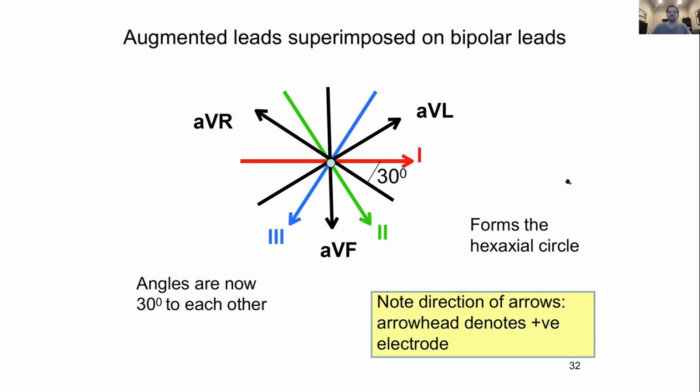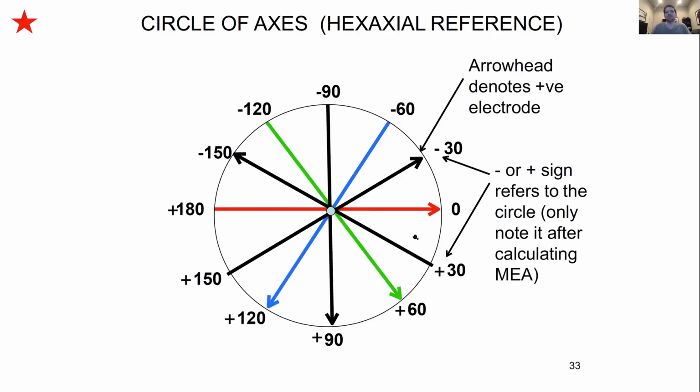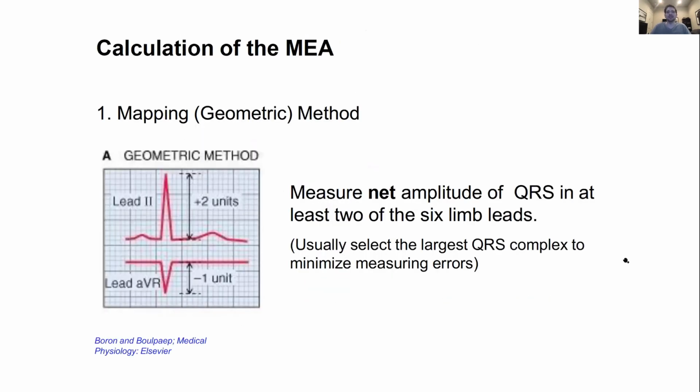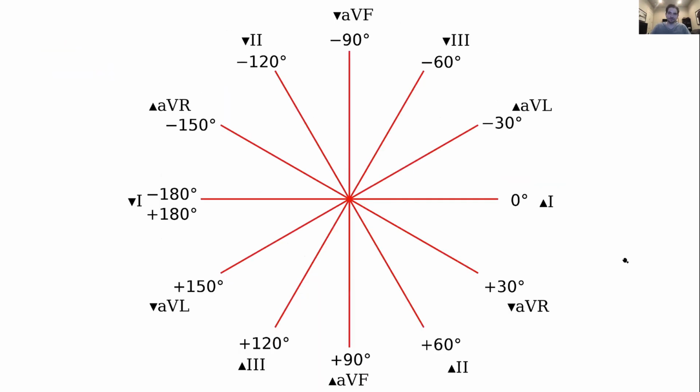Ideally, they'll give you something straightforward. They'll give you lead 1 and AVR. Let's go back to this one. Let's do a full one. Let's say this is lead 1, and we calculate it's 4 boxes up and 2 down, so we know that's a +2.